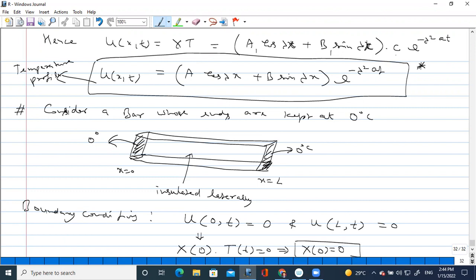And from this you will get X(L) into T(t) is equal to 0. Because these are the boundary conditions especially made for position, here X(L) is also 0. So this is your second condition. These two conditions I will apply and I will find out the coefficients. Okay, note down this.